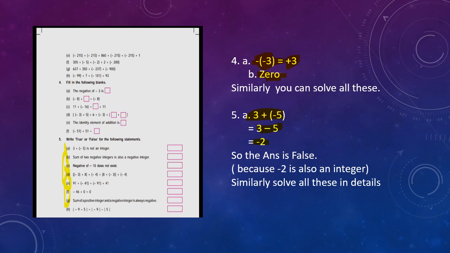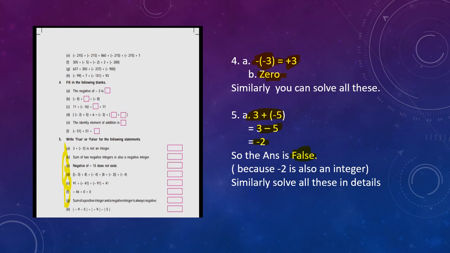So in the question it is given that 3 plus minus 5 is not an integer, but we have found that the answer is minus 2, which is an integer. So the statement is false because minus 2 is also an integer.